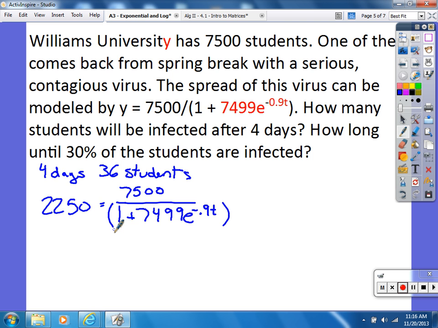Do you want your exponent on the bottom? No. How would I go about switching things around so that this giant thing's on top? Justin, what? Well, I can't multiply by 7,500. It's on top. If I multiply by 7,500, I'm going to take 7,500 times 7,500.